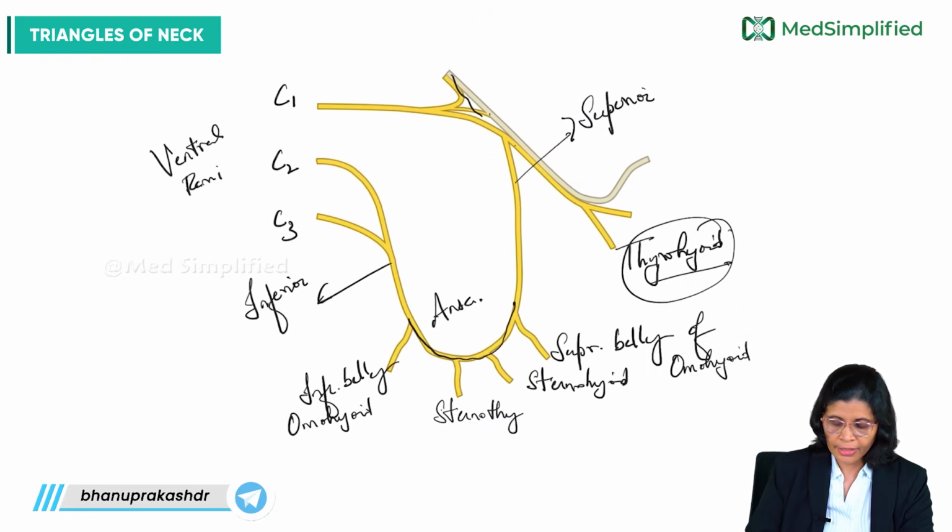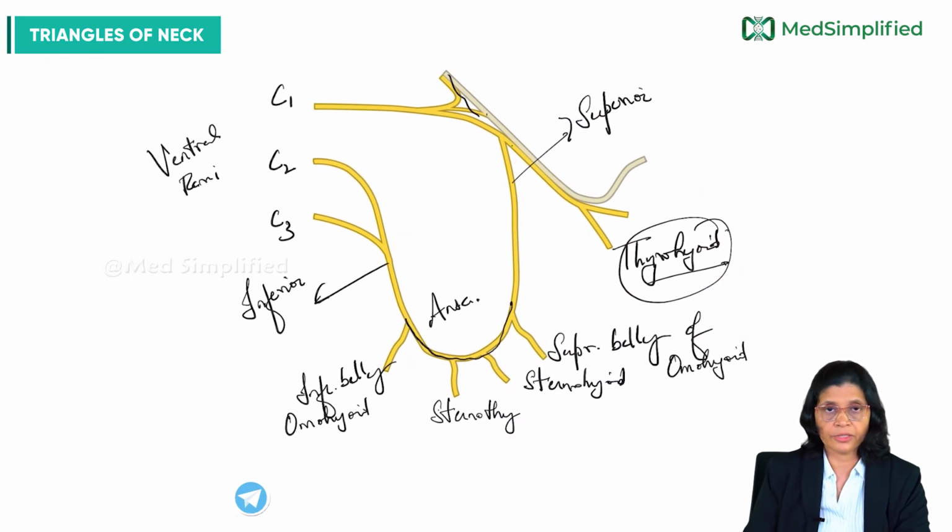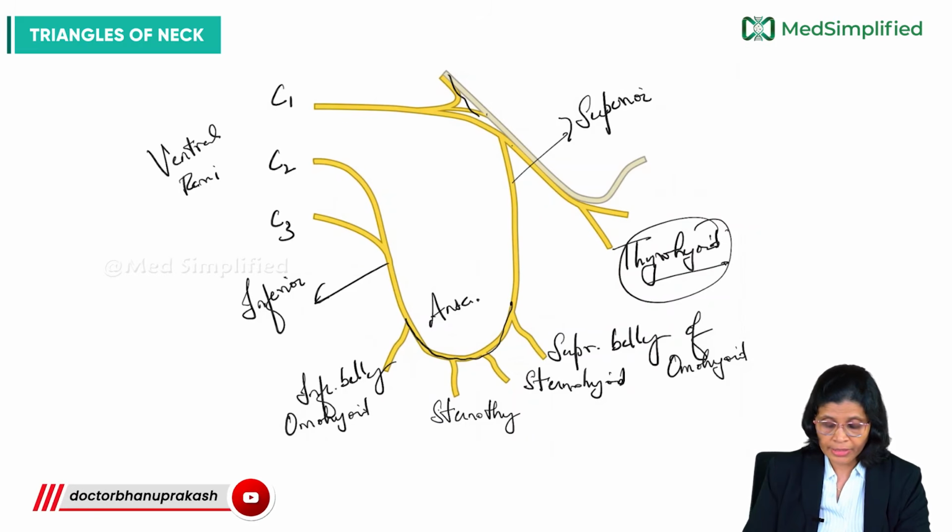So these are the structures supplied by the ansa. Remember that it supplies all the infrahyoid muscles except thyrohyoid, and the loop basically supplies three muscles: the inferior belly of omohyoid, sternothyroid, and sternohyoid, whereas the superior belly is supplied by the superior root.